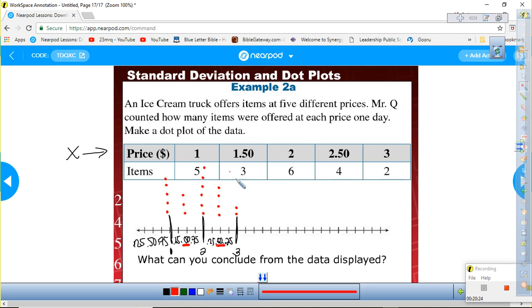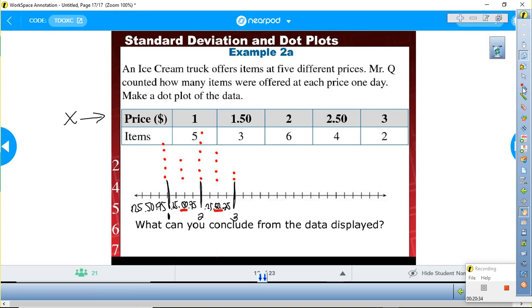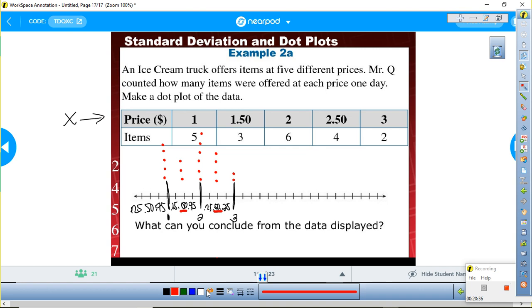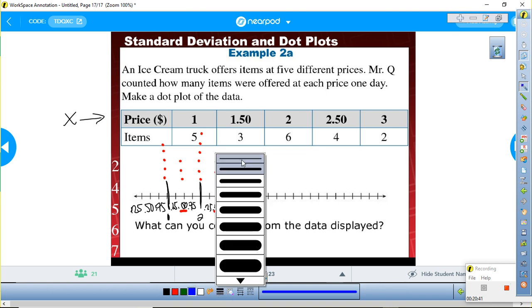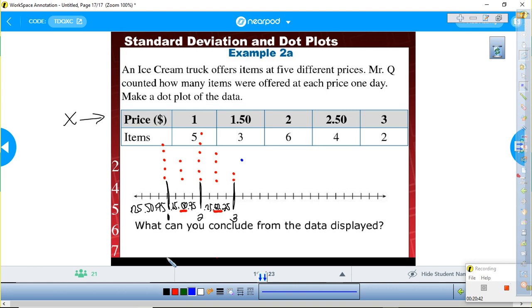Look at this plot. Tell your neighbor, what can you conclude from the data display according to that problem? All right, let's see.